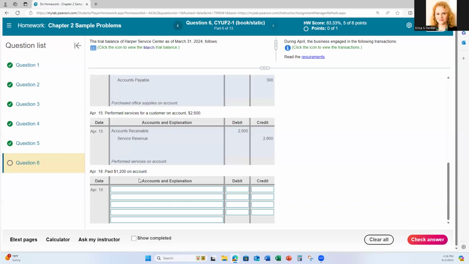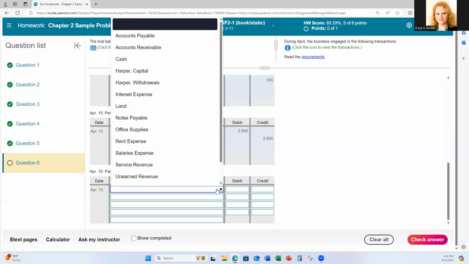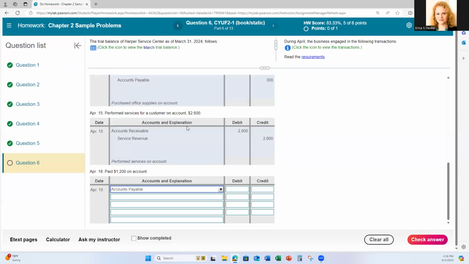Next, we are paying $1,200 on account. So we're decreasing our cash. If we're decreasing cash on account, that means that we are paying off part of an account payable. So to decrease an account payable, accounts payable increases by crediting and decreases by debiting. So that's going to be our debit.